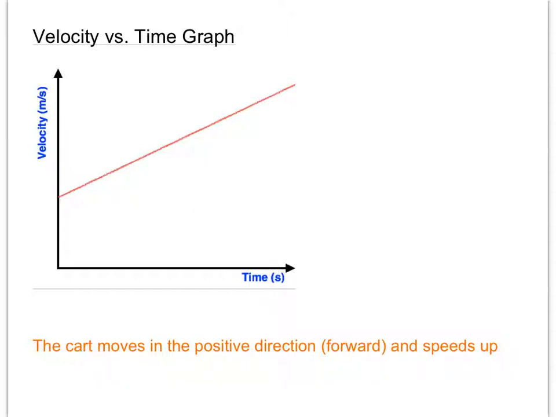Now here, we know that it's moving in the positive direction because our graph takes place in the positive region of the axis. Okay, it's above the time axis, and we also know that it is speeding up because its velocity increases.